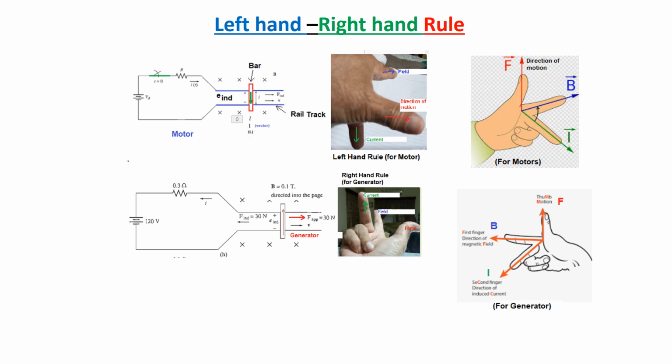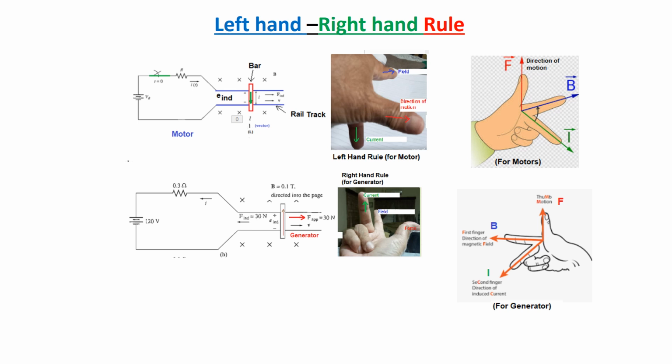But in case of a generator, and here it is a generator, it is being pulled by some kind of force. So in case of a generator, we need to find the direction of the current in the bar, and for that we'll use the right hand rule. Again, this exactly does not represent our diagram, so I have tried to draw it.